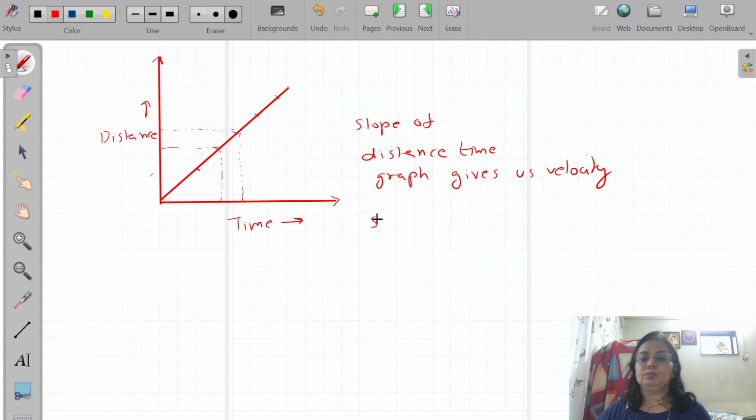Slope is equal to y2 minus y1 upon x2 minus x1, which is nothing but change in distance and time taken.